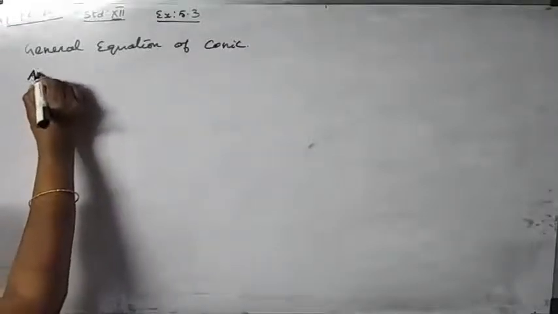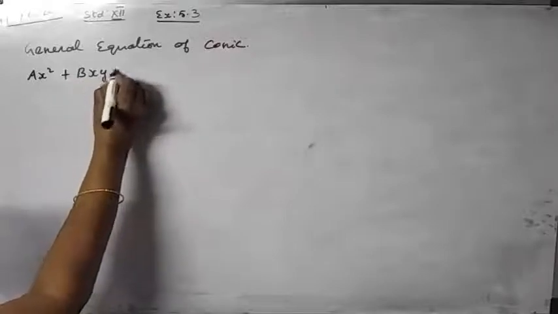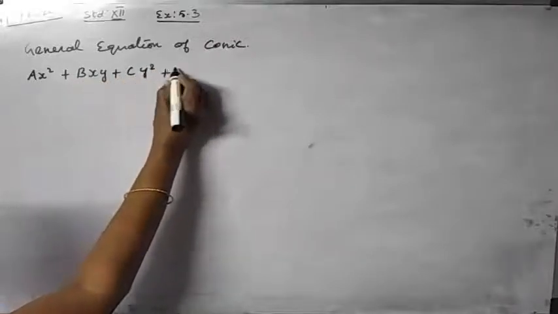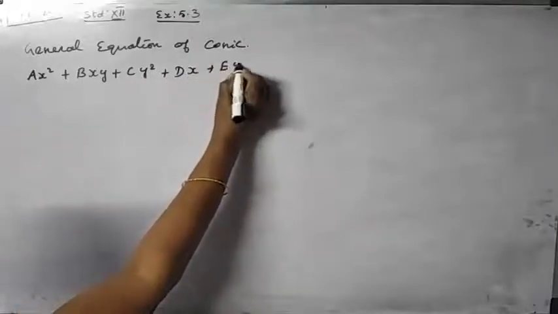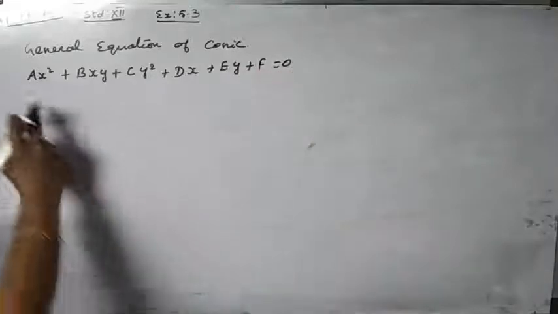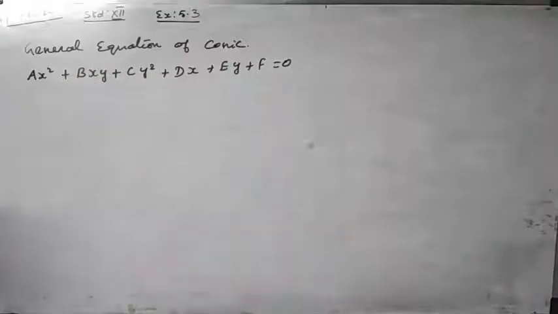General equation of conic is ax square plus bxy plus cy square plus dx plus ey plus f is equal to 0. This is the second degree equation, that is general equation of conic.